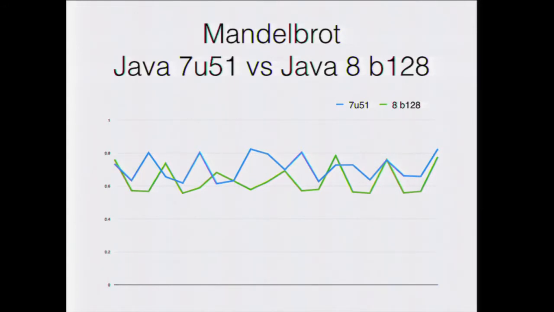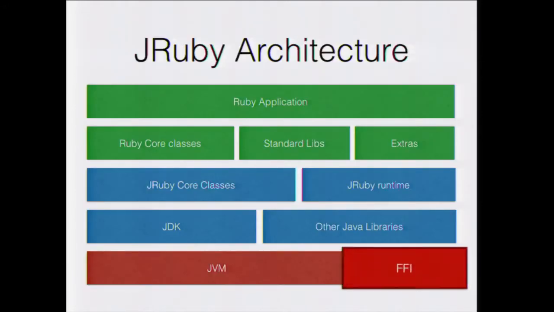So how can we make JRuby better? There was another component called foreign function interface that Zach earlier showed us. And that's where things can improve for JRuby as well.